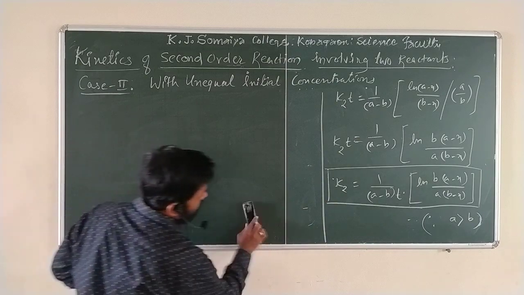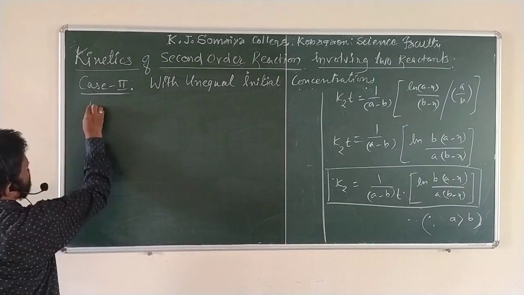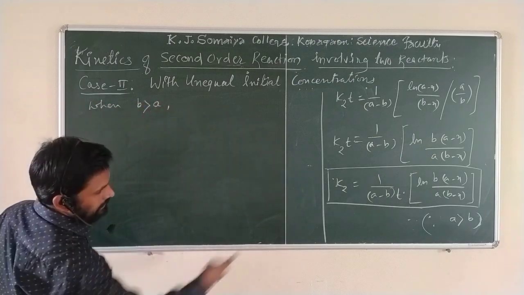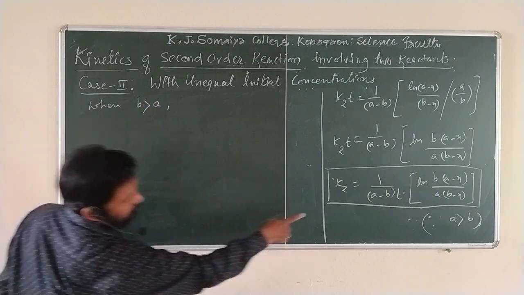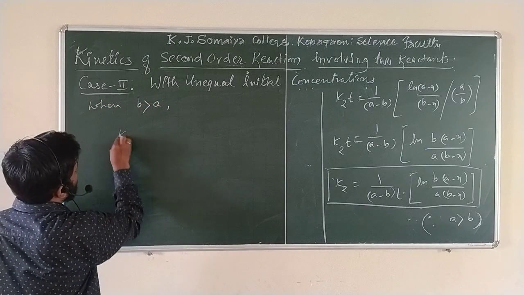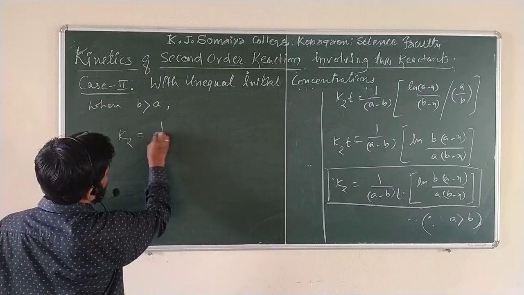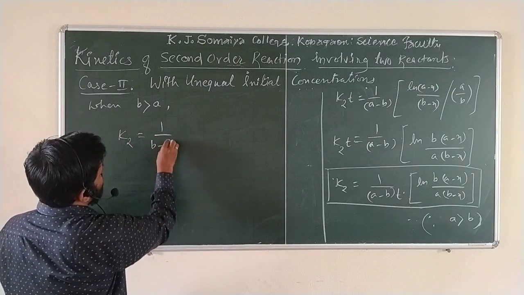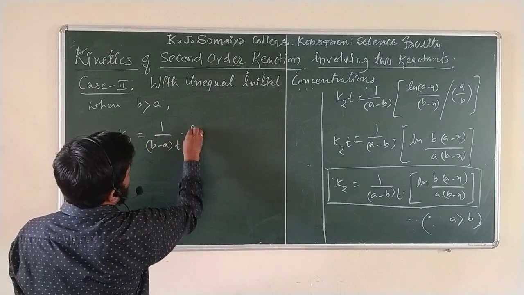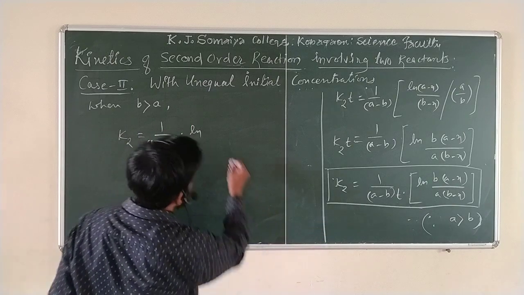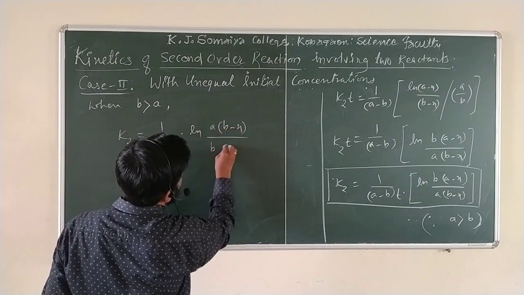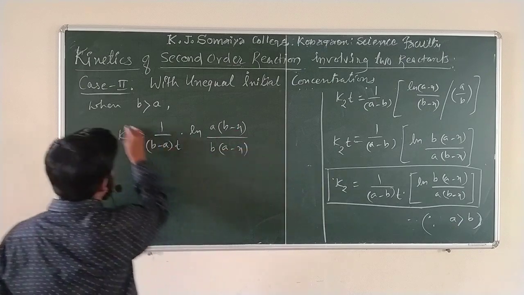So in such a condition, B may also be the greater one. Here, when the concentration of B is greater than A, what will happen? The above equation becomes k2 equals 1 upon (b - a) into t, ln a into (b - x) upon b into (a - x).